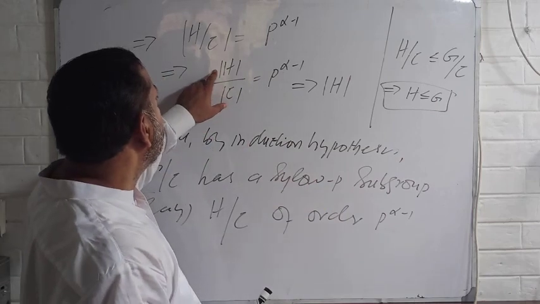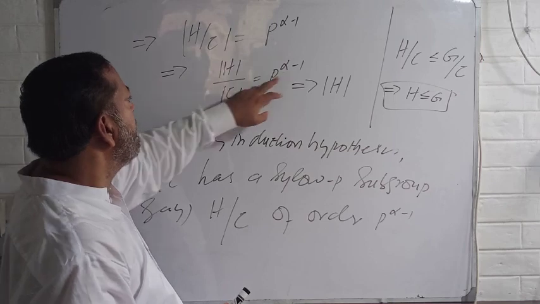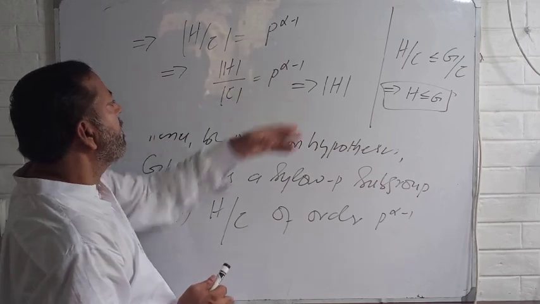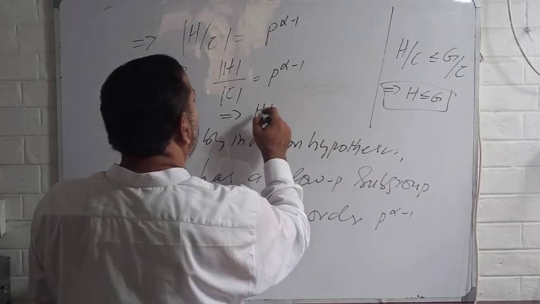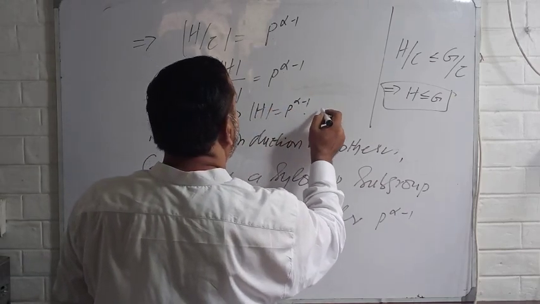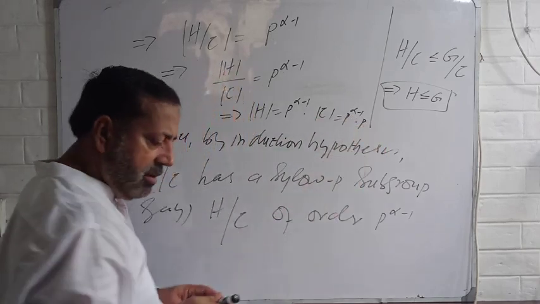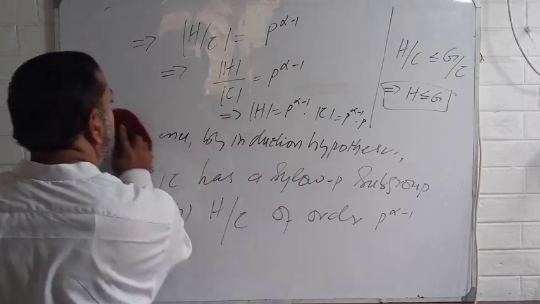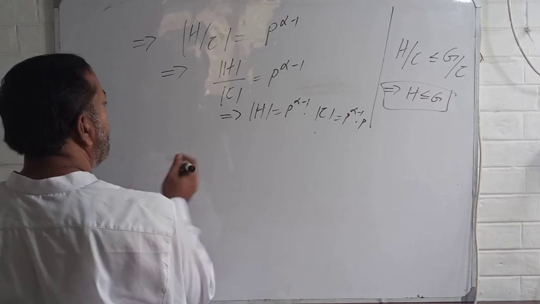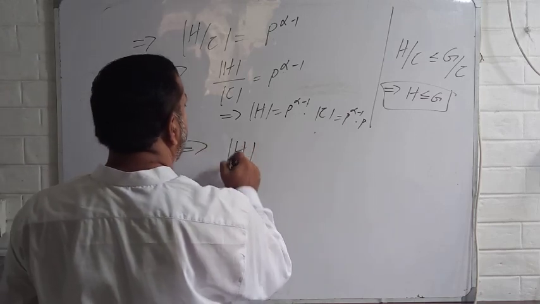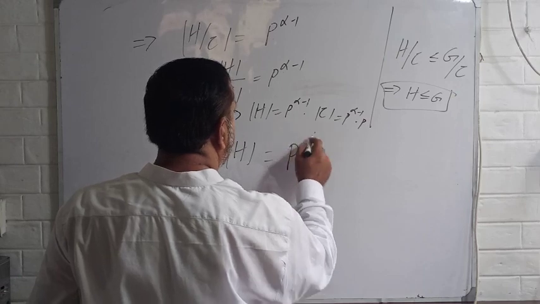So the order of H by C is equal to the order of H by the order of C, which is P power alpha minus 1. So you multiply this. So this implies the order of H is equal to P power alpha minus 1 into the order of C, which is equal to P power alpha minus 1 into P. So this implies the order of H is equal to P power alpha.